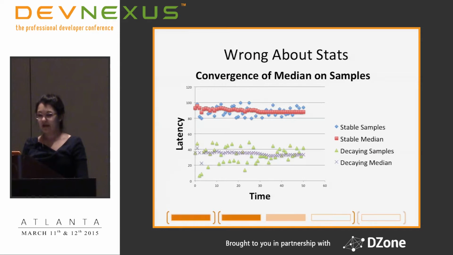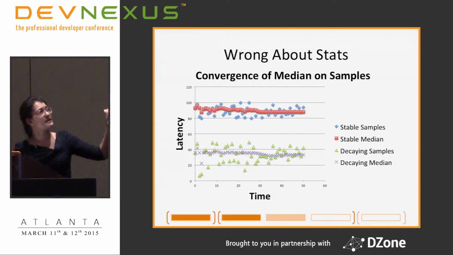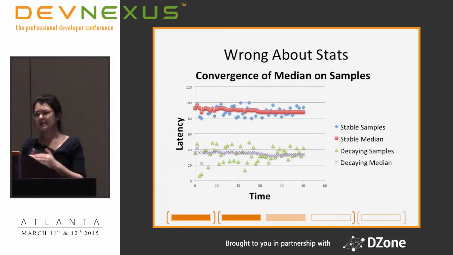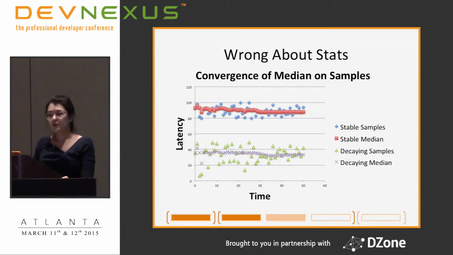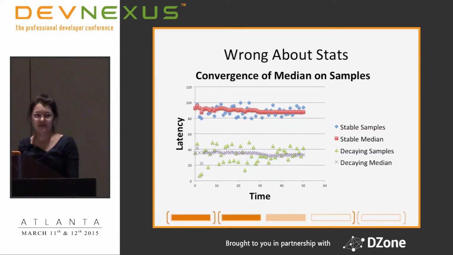Now the red median is pretty noisy at the beginning, but towards run 10, it starts more or less converging. And then towards time 20 and definitely 40, it's more or less converged. So maybe in this case, 20 or 40 runs is sufficient for us. On the bottom part of the graph, purple dots are the medians, and the green dots are the samples.